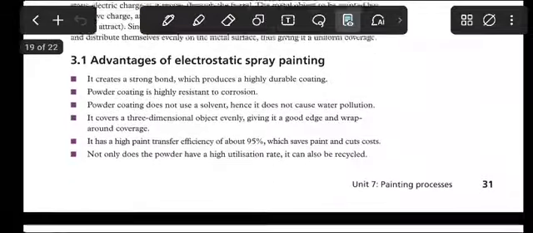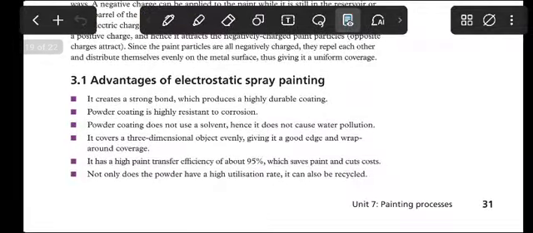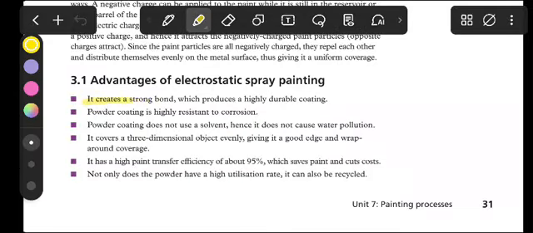Let's go to the advantages of electrostatic spraying paint. Remember, we have four types. It creates a strong bond which produces a more durable coating. Powder coating is highly resistant to corrosion.